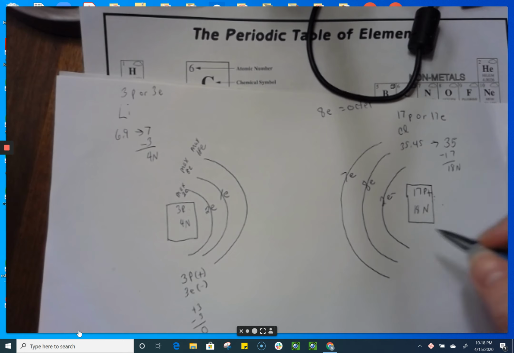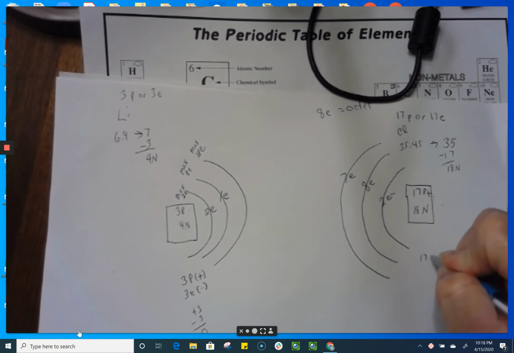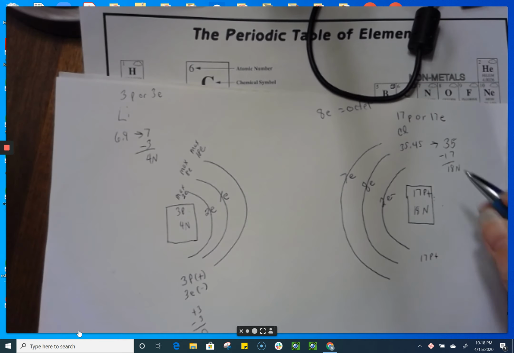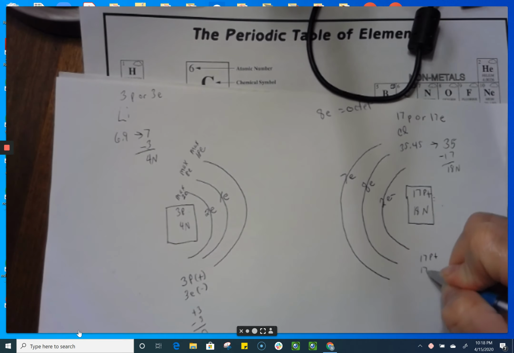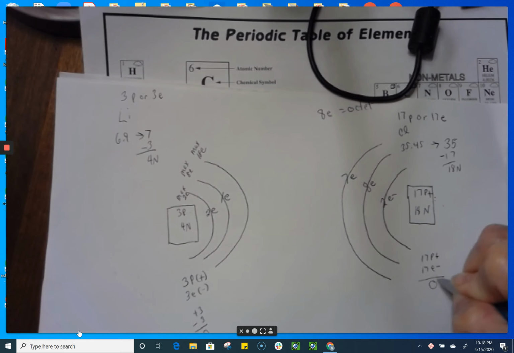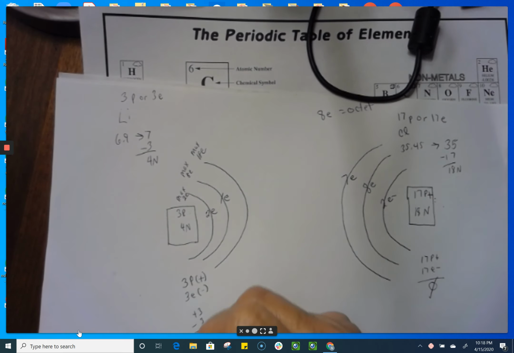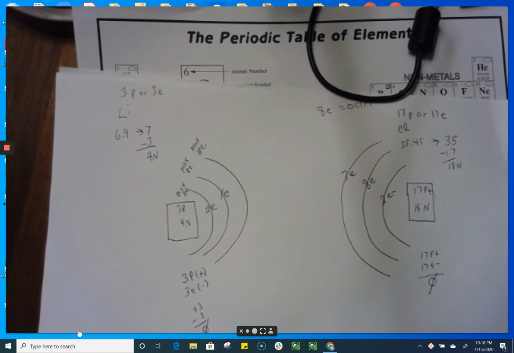Chlorine over here has 17 protons, 17 positive charges. It has 17 electrons or 17 negative charges. So right now it's neutral. Neither one has a negative or positive charge.